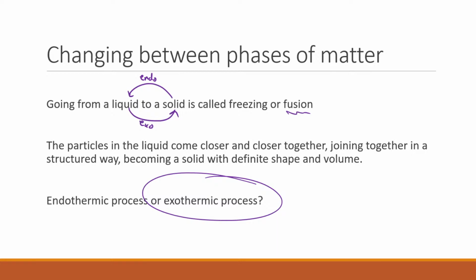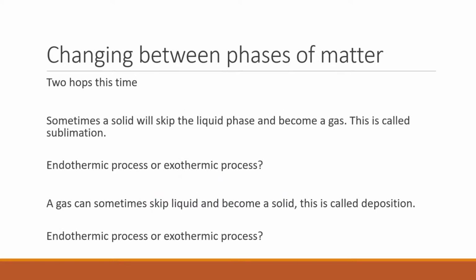These aren't all the phase changes, though. We also have certain times where solids go straight to gases, or gases go straight to solids. Right? Skipping liquid altogether. Now, like we just said, these must be opposites.